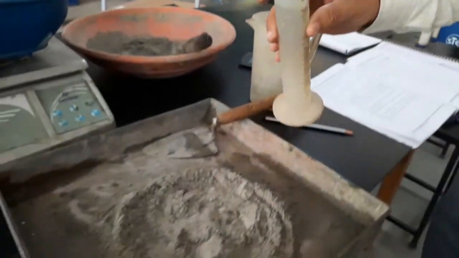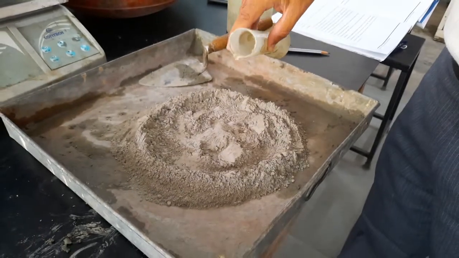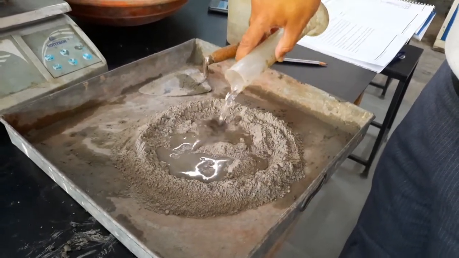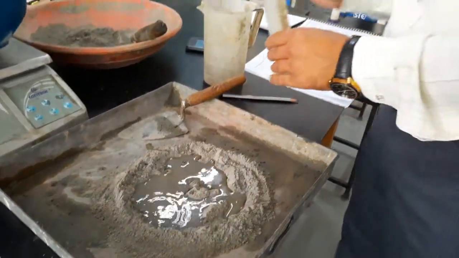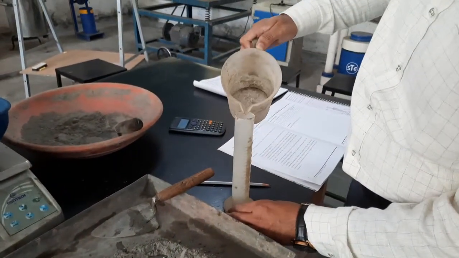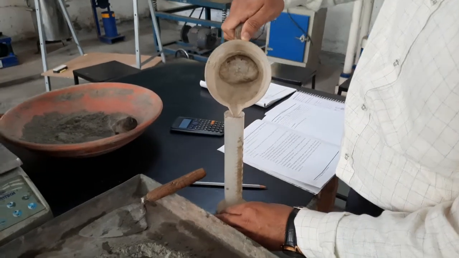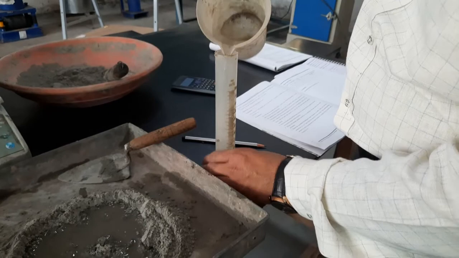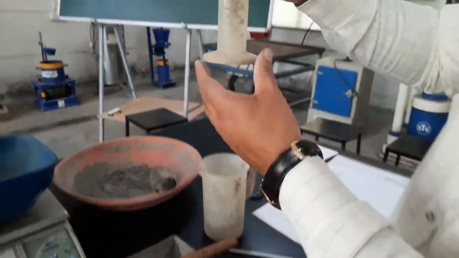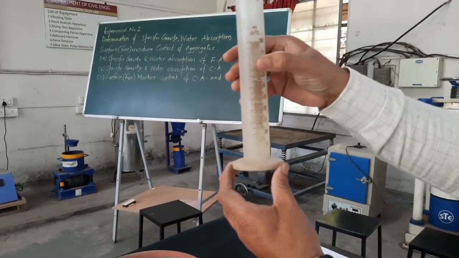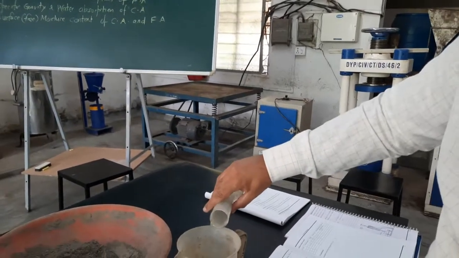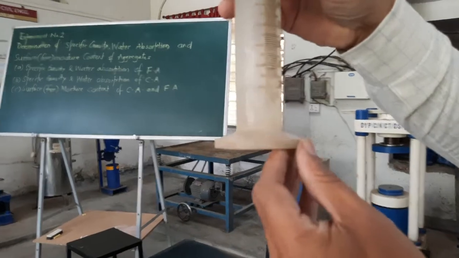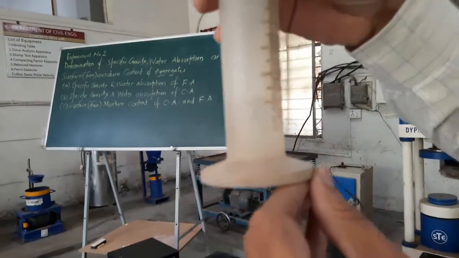So I will put this water in the cement like this. And again the 20 ml we required. Yes, it is 20 ml.